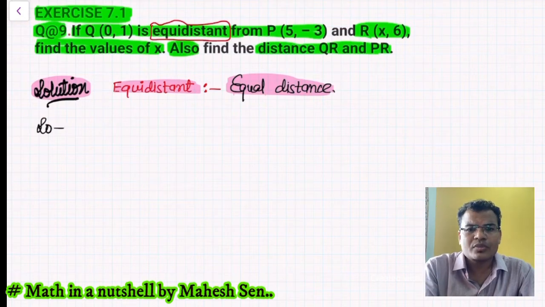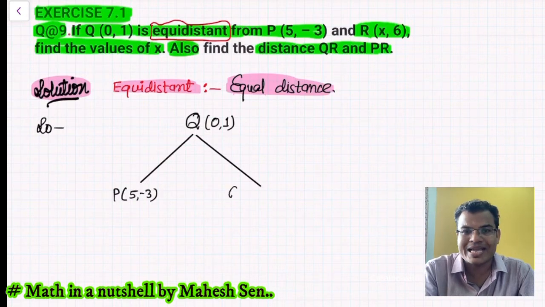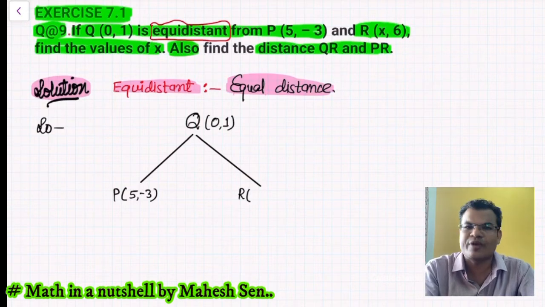So now a point Q is there, so I'll write here Q, (0, 1) is the coordinate of point Q, and the points P and R are equidistant from it, so I'll draw a rough sketch. P is (5, -3), Q is (0, 1), and R is (X, 6). So basically we have to find the value of X here.